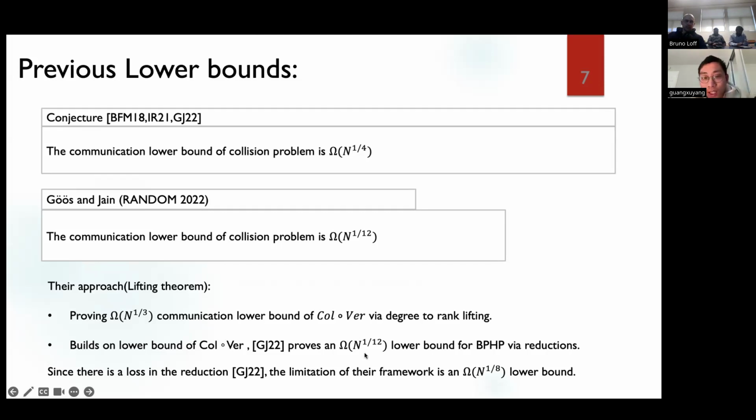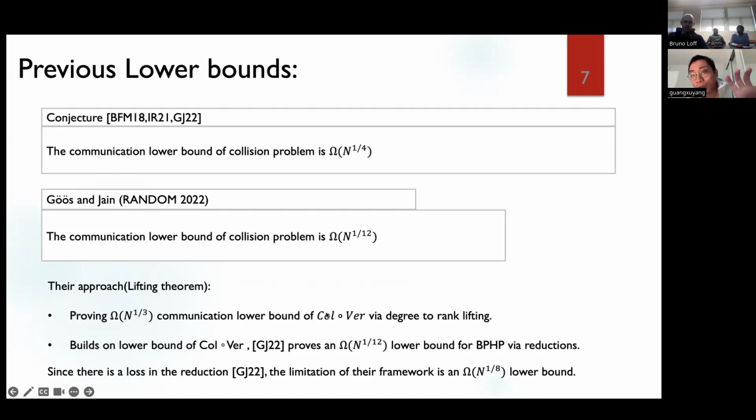Since they use a reduction, the reduction has some loss. You have an upper bound of n to the 1/4 and a lower bound of n to the 1/3. That's not possible.